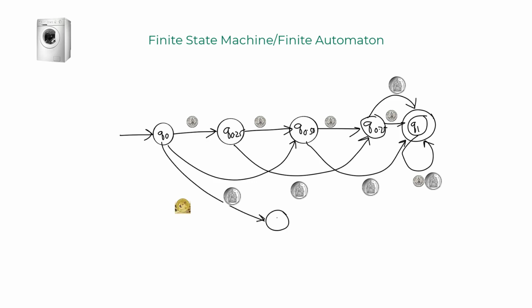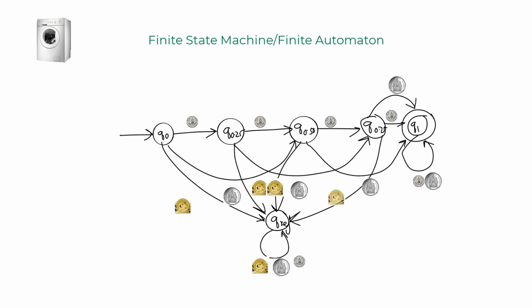If you add any other coin to the machine at any state, it's going to enter the reject state. That's when the machine is broken. No matter what coin you add, it's going to stay in that broken state. So you could insert an invalid coin at any stage. Even after the machine enters the accept state, if you add an invalid coin, it's going to enter the reject state.